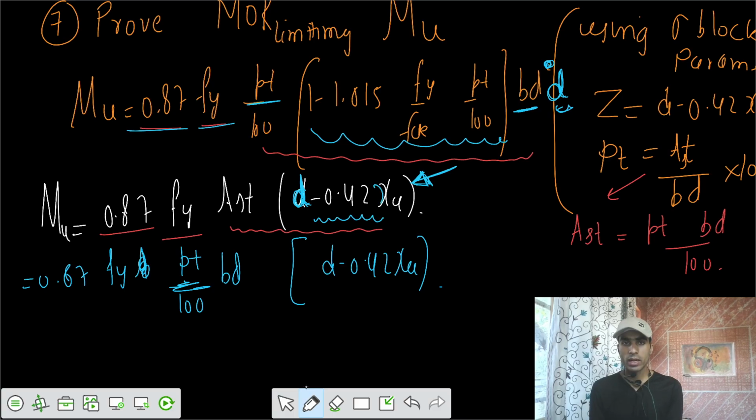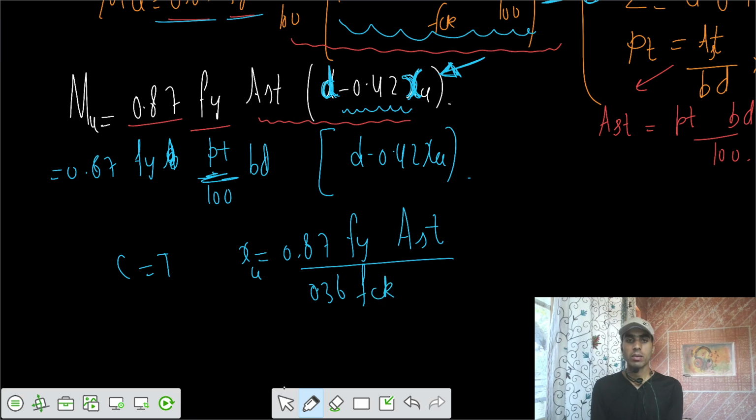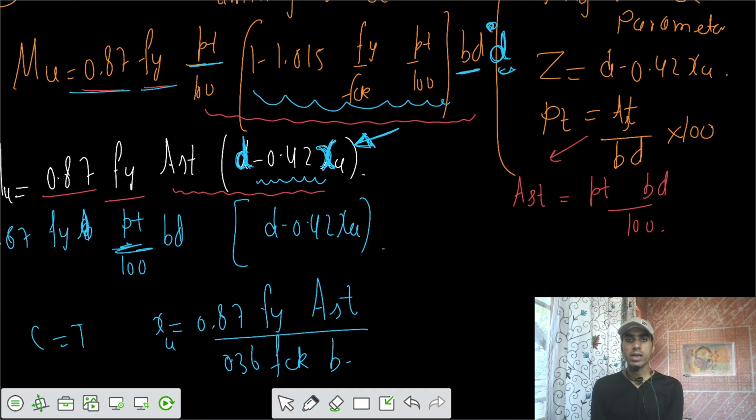So we have to use the equation of xu such that I can replace xu in terms of this one. If I know the equation C equals T, from that I can have the equation xu equals 0.87 fy Ast by 0.36 fck b, and Ast is not there.